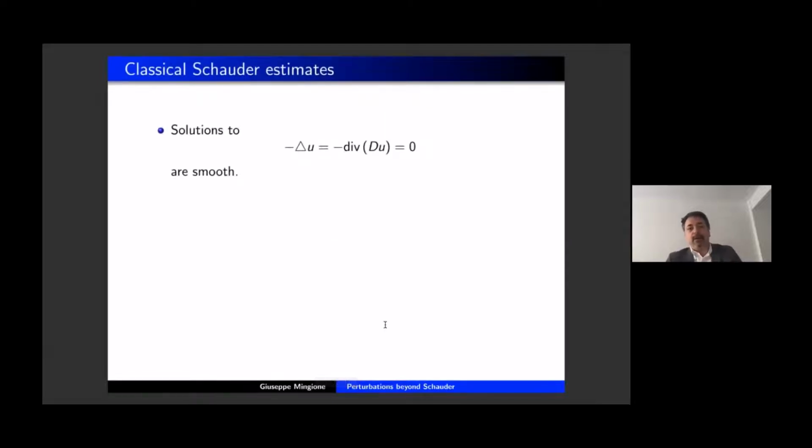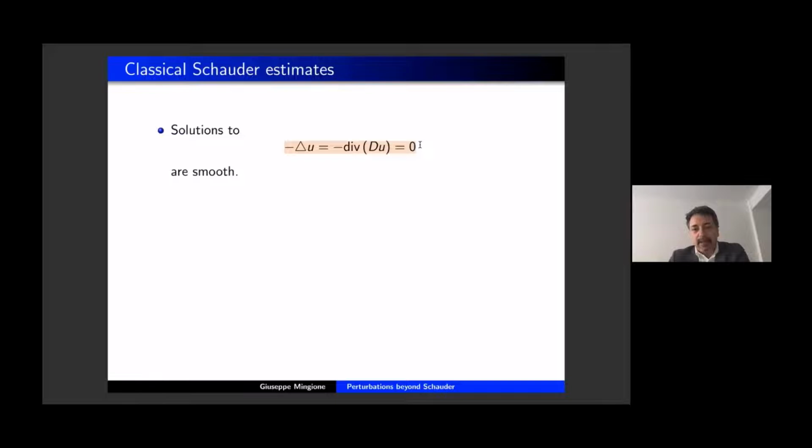Let me now briefly recall what Schauder estimates are. Schauder estimates are essentially one of the two perturbation theories of elliptic equations, the other one being Calderón-Zygmund theory. We all know that solutions of these equations, harmonic functions, are as smooth as you like.